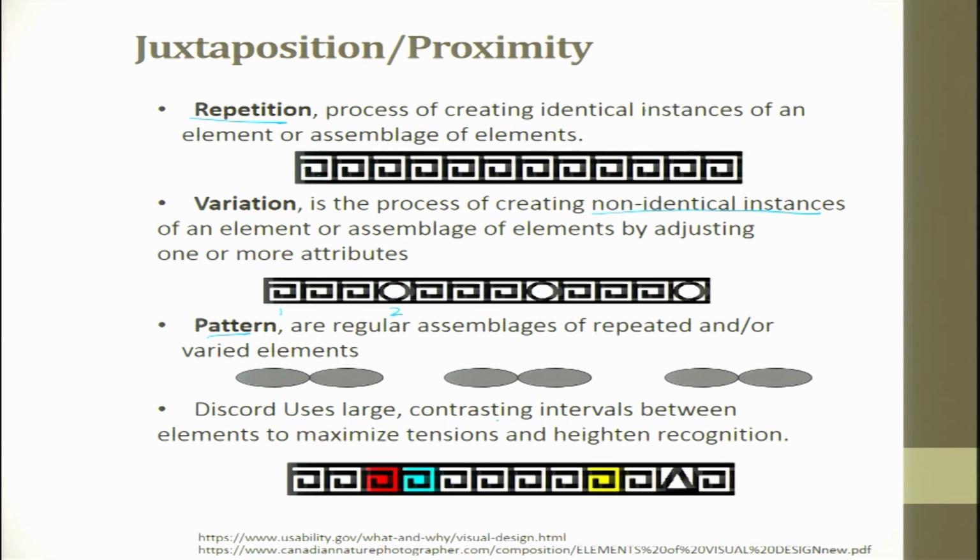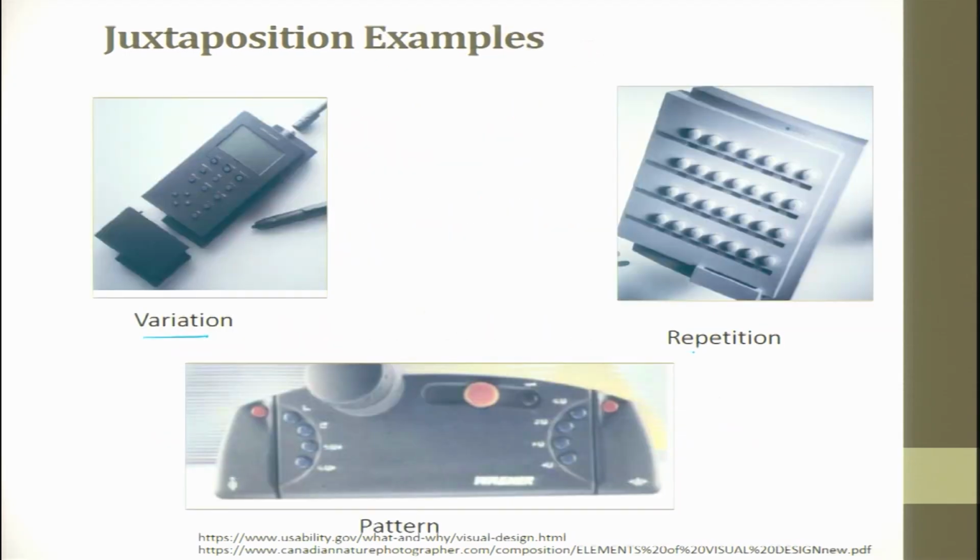Use large contrasting intervals between the elements to maximize tension and heighten recognition. So, you see here they have given red color and yellow color. Here there is a size change. So, your focus in this entire object goes to these 4 points and the information is expressed. Here is a variation, here is a repetition and here is a pattern.